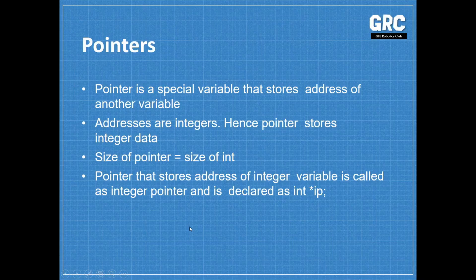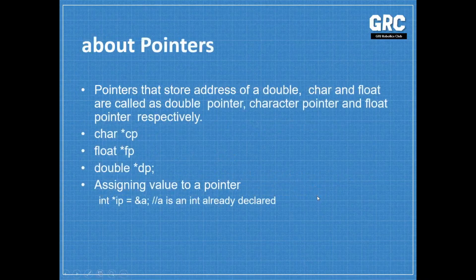If the pointer stores the address of an integer variable, it is called an integer pointer, and it can be declared by int star and the pointer name. Similarly, if the pointer stores the address of a double, it is called a double pointer, for a character, it's called a character pointer, and so on.